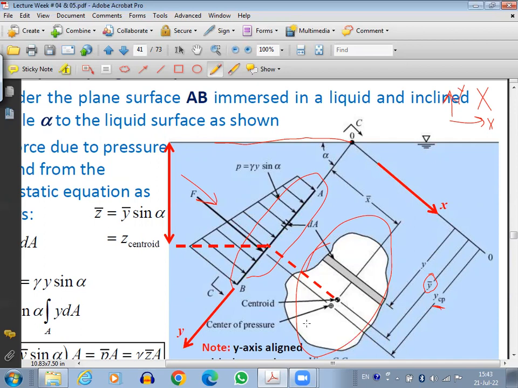Now YCP will always be greater than Y bar. This is something you should understand. Why? Because the center of pressure should be a little below the centroid, as at the lower sides the pressures are higher. So one thing is very clear, that YCP should be greater than Y bar.